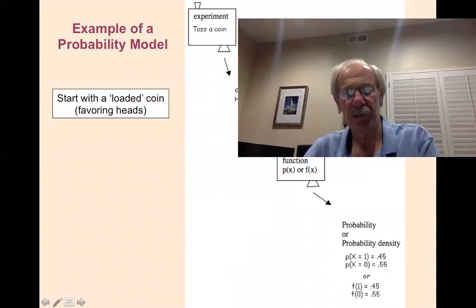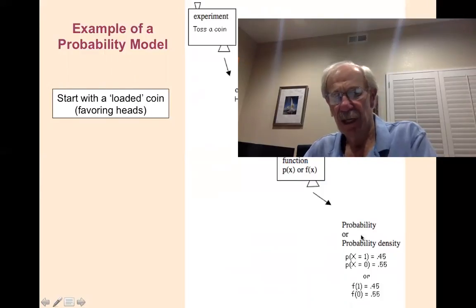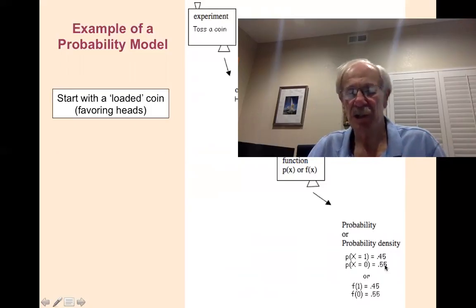So I'm going to flip a coin, and heads is going to be called 1 and tails 0. When I flip it, the probability of getting a 1 is 0.45, and the probability of getting a 0 is 0.55. The question is, after 3 flips, what's my probability of getting 3 heads, let's say?